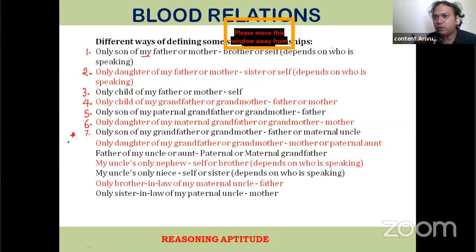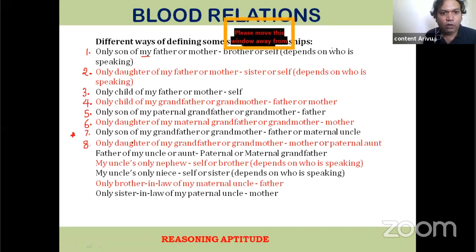If I assume that grandfather to be paternal, grandfather's only son has to be my father. And if I assume that grandfather to be maternal grandfather, then that grandfather's only son would be your mother's brother. This is why I'm stressing point 7 a little extra for you to understand.